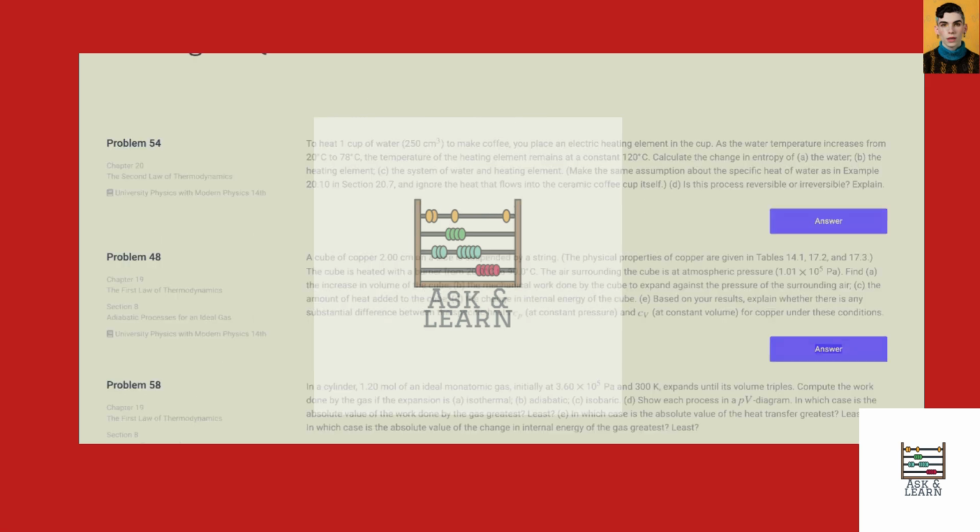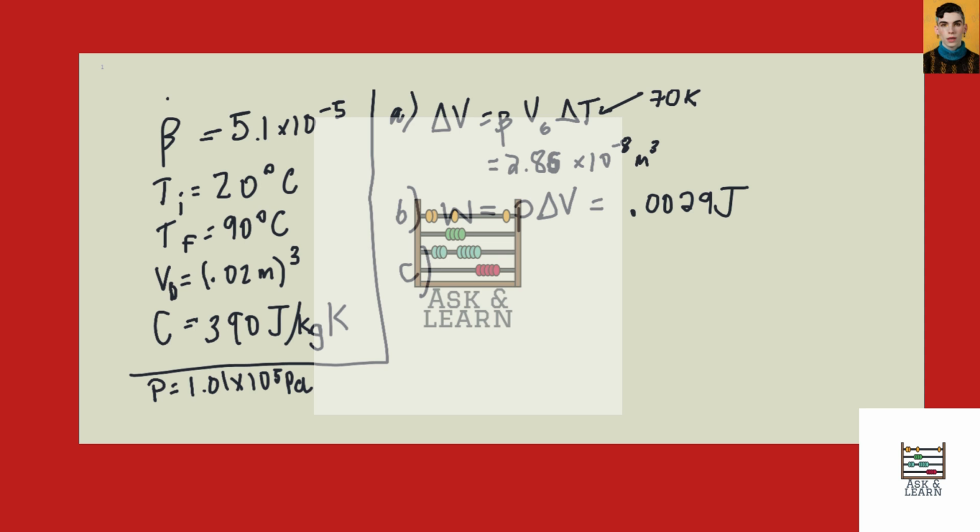The next one is the amount of heat added to the cube. I think this is from an older chapter. Q is m times C, and I guess it's at constant pressure because the air outside the cube is constant, times delta T. We don't have the mass of the cube, unfortunately, but we do have its density.